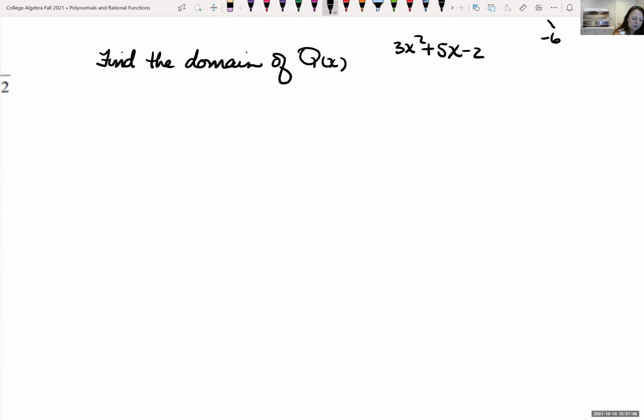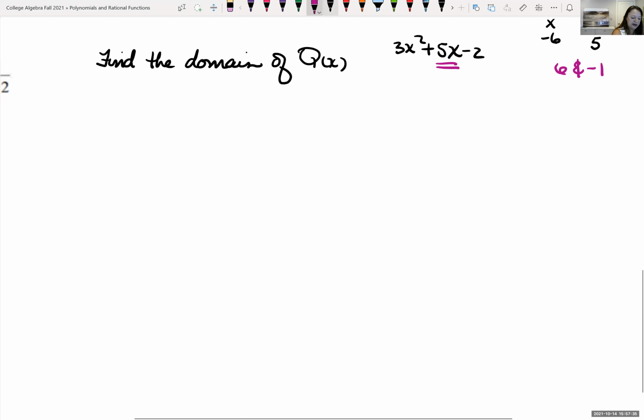So I'm looking for something that multiplies to -6, but would add to my middle term's coefficient of 5. And so -1 and +6 multiplies to -6 and adds to 5. So we're using 6 and -1.